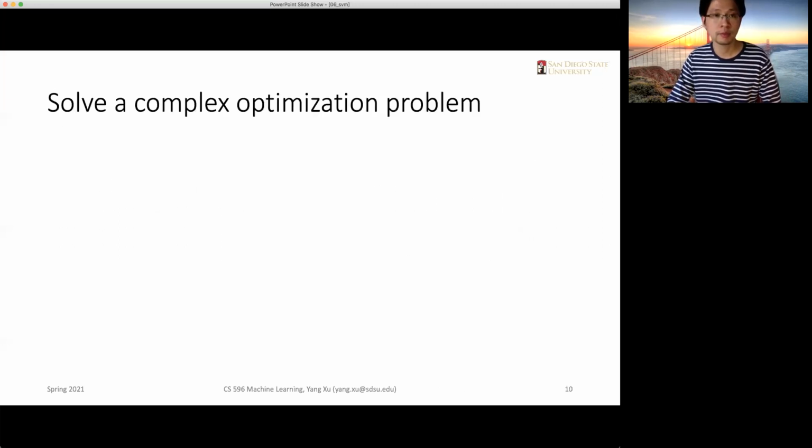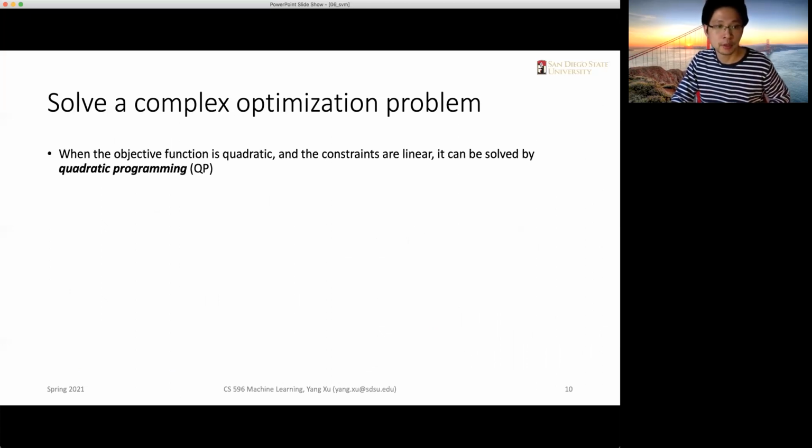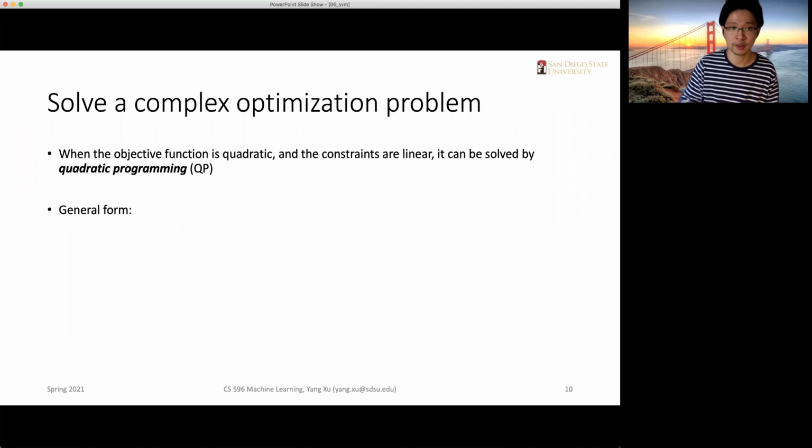The algorithm that we are going to particularly use for solving this minimize-maximize problem in SVM, decided by the nature of the target function, is called quadratic programming. Because the objective function in SVM is a quadratic function, and the constraint is a linear term, we can use a quadratic programming algorithm to solve the optimization problem.